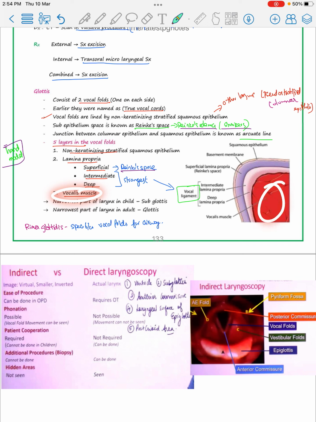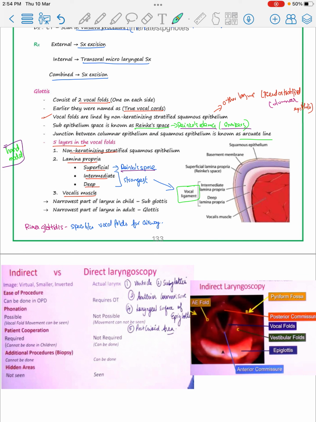The superficial lamina propria is also known as Reinke's space, where any high pressure or condition, especially in smokers, causes Reinke's edema. If it's edematous, it will close the vocal fold and there will be difficulty in breathing.